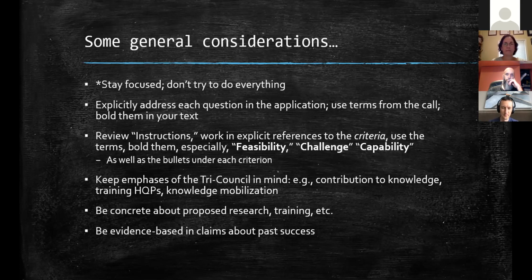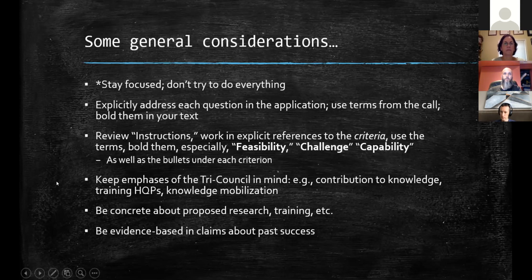And I would really echo what Rachel said about using subheadings and bolding to help reviewers find those elements in your proposal. Because what will make things easy for them is if they have their physical or mental checklist and they're going through your proposal and can find where you've addressed each of those elements.